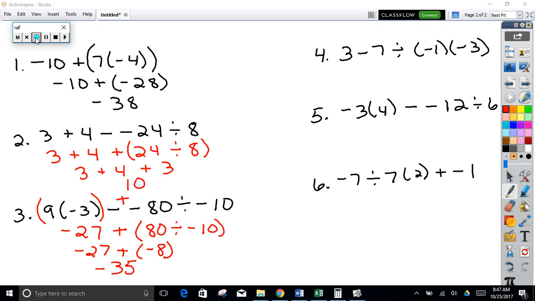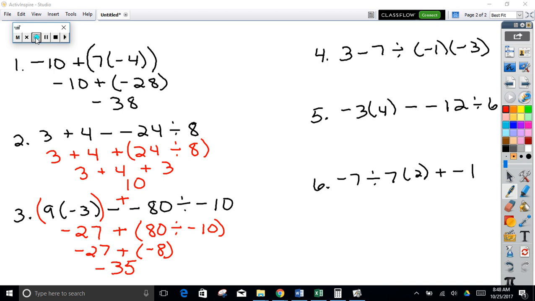I broke it up, so I started and wrote it as 3 minus -7. Because it's 3, like, so I did 7 divided by -1.